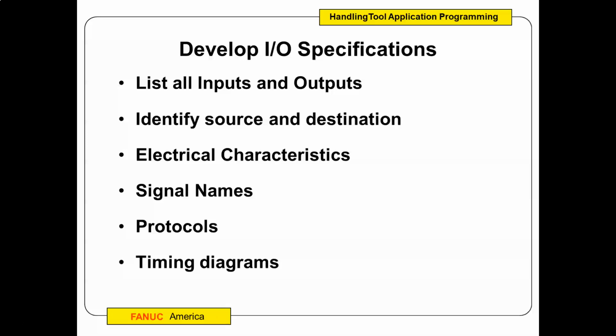With a new system, you have to generate what all the inputs and outputs are going to be, what they are going to do, where they are coming from, where they are going to, and what the electrical characteristics are. Are they 12 volts, 120 volts, digital, analog? Then you start putting names onto them and follow that through. And then you get into protocol and timing for how you're going to work with it.